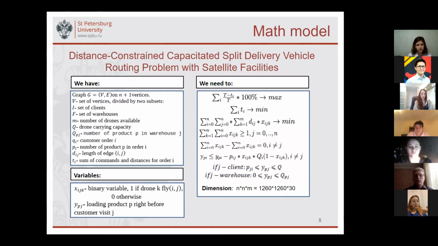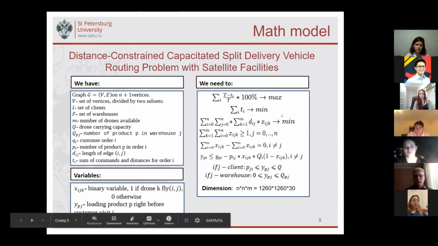Next, let's move on to our math model. We have our target function, but the t and 100% are constants, so we can remove them. After multiplying by -1, we have a target function to minimize. Then we rewrite t as a product of the length between locations and binary x.